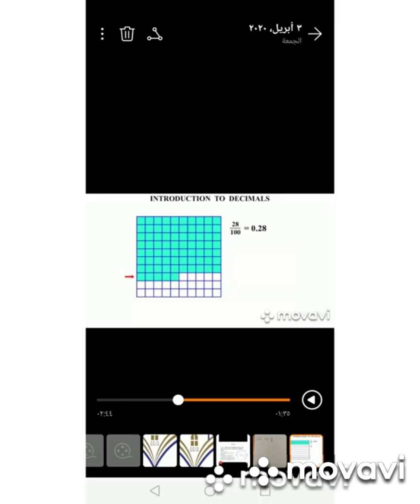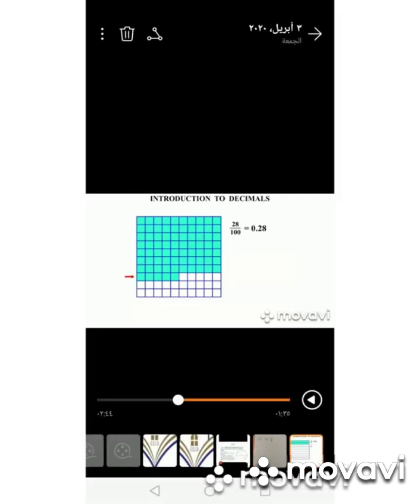So the total shaded squares are 75 out of 100. So our fraction now equals 75 hundredths. We want to rename it now as a decimal. So it will be 0.75, or 75 hundredths.